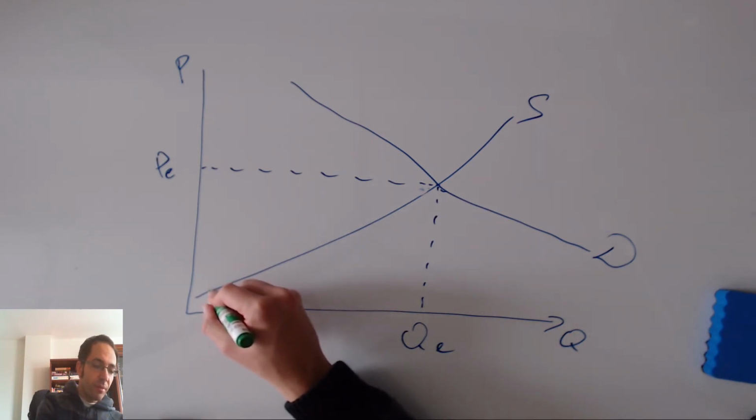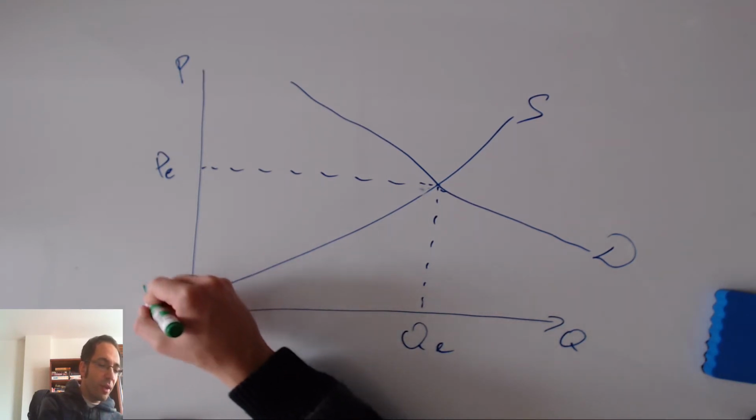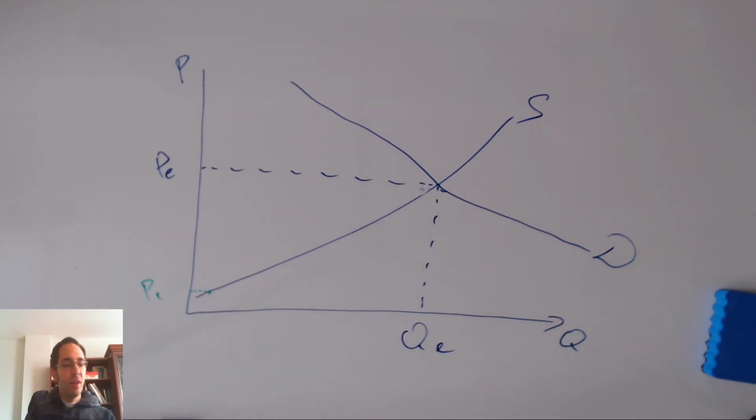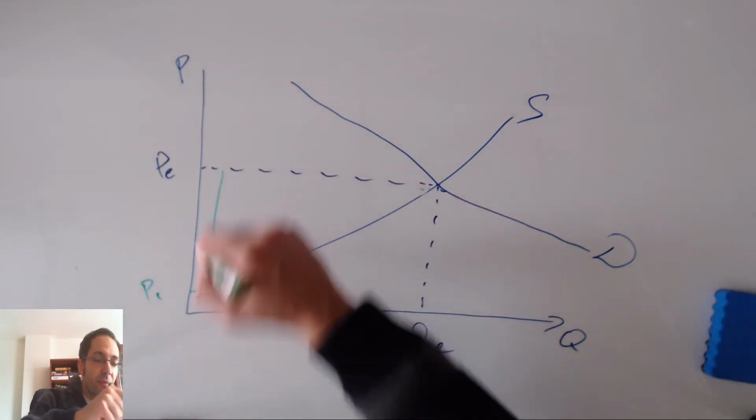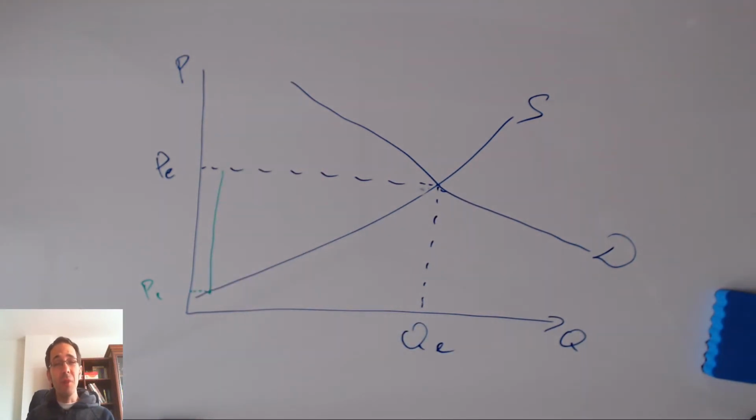The first firm will be willing to sell this unit for the price of P1. However, they're not going to sell it for P1 if they can get PE for it. They're going to sell it for PE. So we'll get this difference between the price that the firm is willing to sell the item for and the actual price on the market.